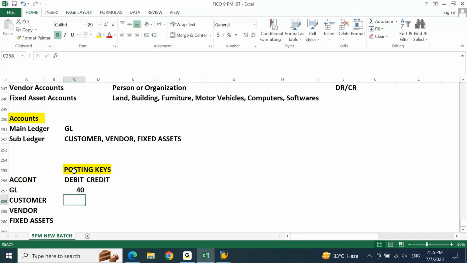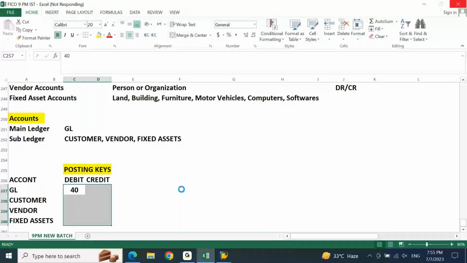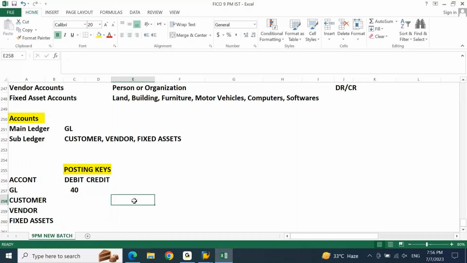If you want to credit a GL account, you'll have to put 50. So 40 represents GL account debit in SAP, 50 represents GL account credit in SAP. Correct? If I put 50, I am talking about GL account credit.